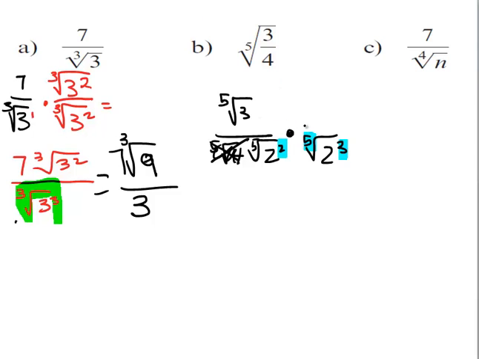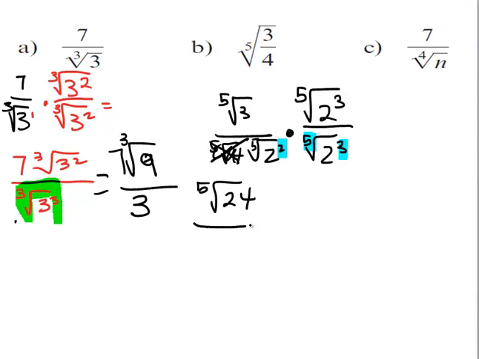And of course, what I do to the bottom, I'm going to do to the top. So that's 5 times... So down here I'll have the 5th root of, that's 8, so 24, because 3 times 8 is 24, over, and I'm going to end up with the 5th root of 2 to the 5th.